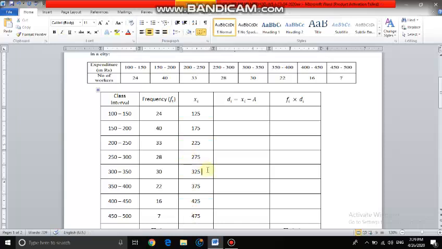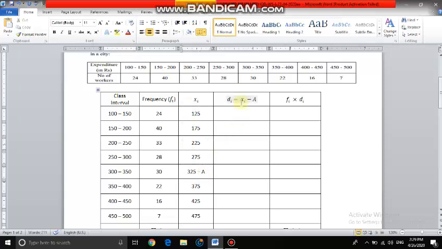So I'll take this fifth number as a. Maybe you can take the fourth number also as a. It is up to you. If it is an odd number, then you'll get exactly the middlemost number from the top and from below. So the middlemost number you have to find out. If it is an even number, like here we have 8 xi's, you can take either the fourth one as a or the fifth one as a. So I have taken the fifth one as a.